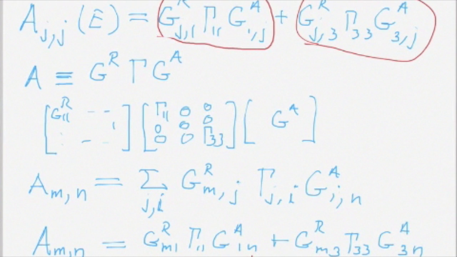So this is the spectral function. As I wrote down before, once we have this, each one of these terms we give a special name to, our A left, JJ, and our A right. And if they're the off-diagonal elements, you can have an A left, MN, and an A right, MN also.